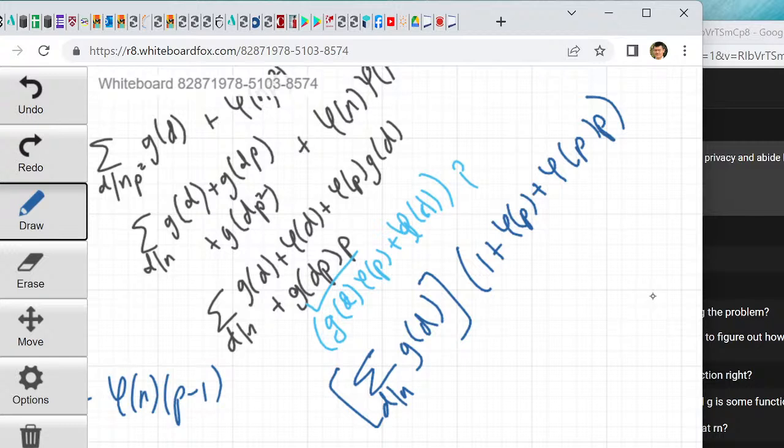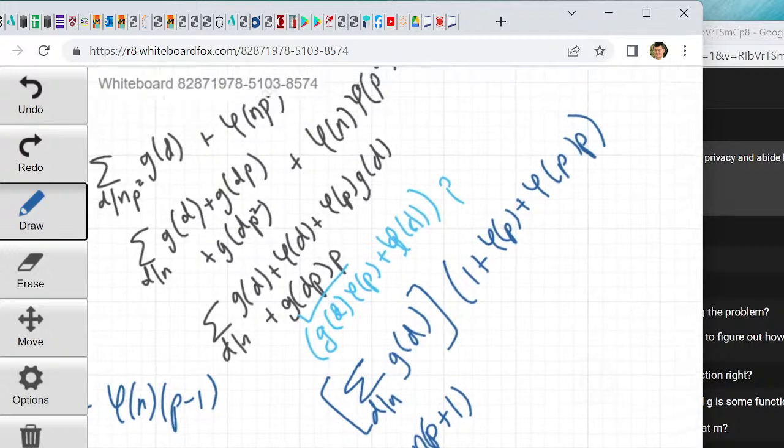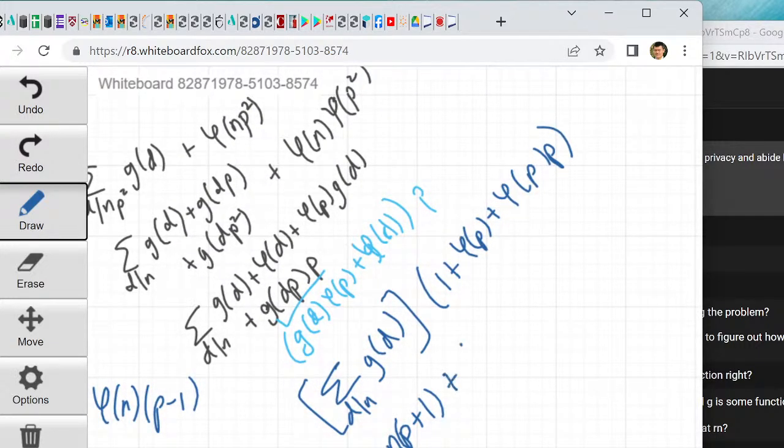And then you have this np plus n. You also have this phi of n, phi of p squared. p plus p squared.